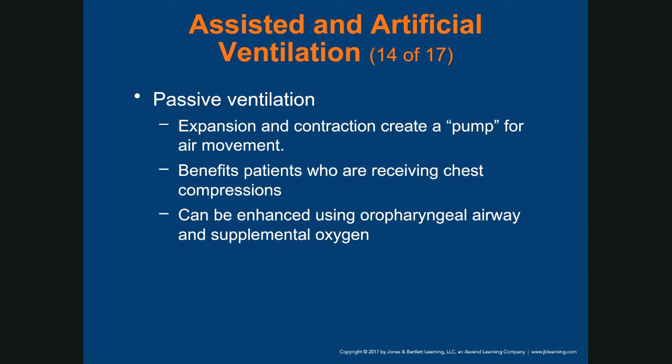While your partner is doing chest compressions, the negative pressure created from the chest compressions will pull the supplemental oxygen into the lungs. So you're eliminating positive pressure, which puts the patient at risk for air getting in the stomach. It is becoming quite popular in the pre-hospital setting. So a couple of years from now, this might be how we perform CPR in the field.